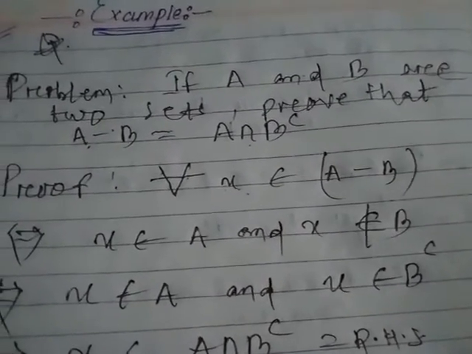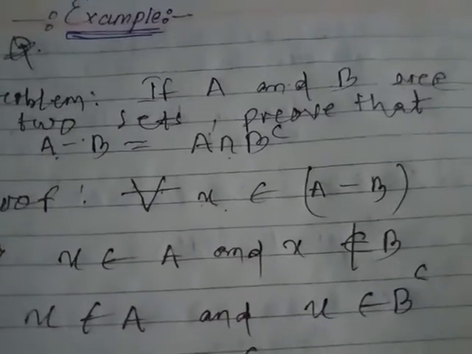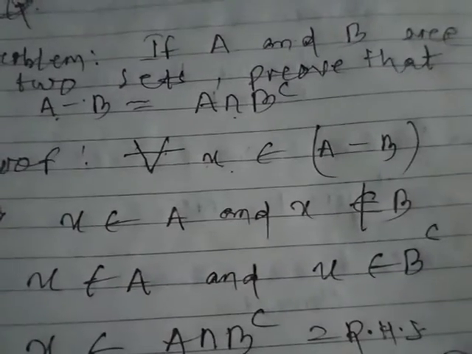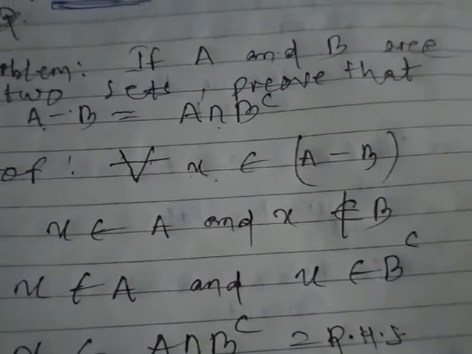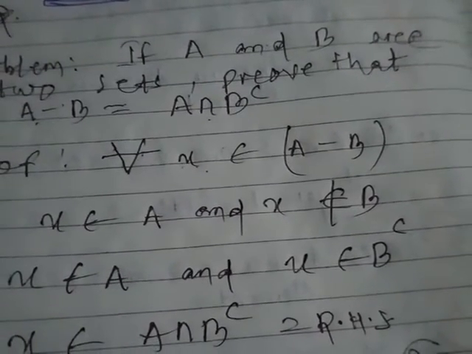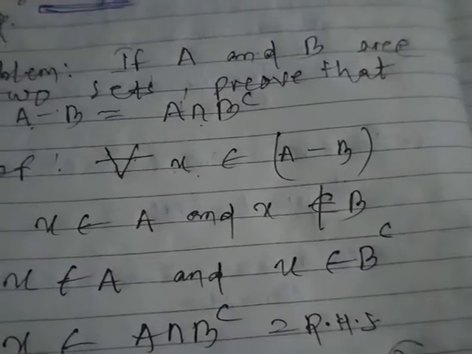So X belongs to A difference B implies and is implied by X belongs to A and X does not belong to B. If X does not belong to B, then X belongs to B complement. Yes or no?